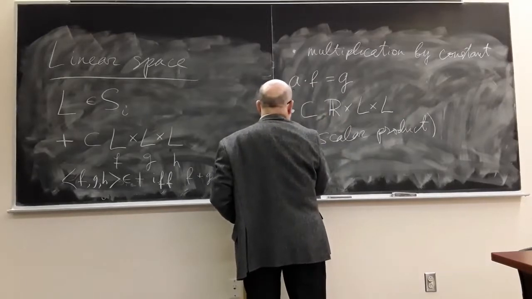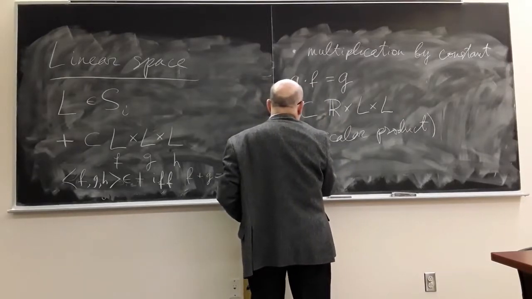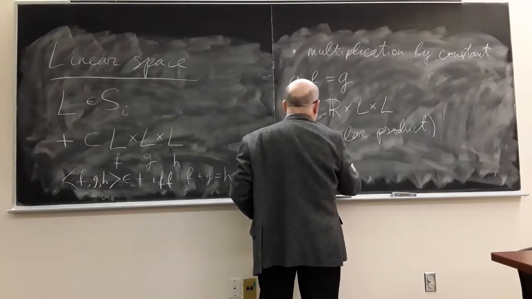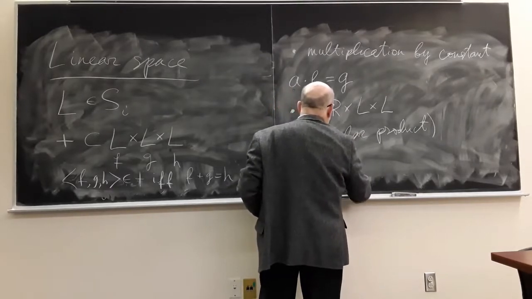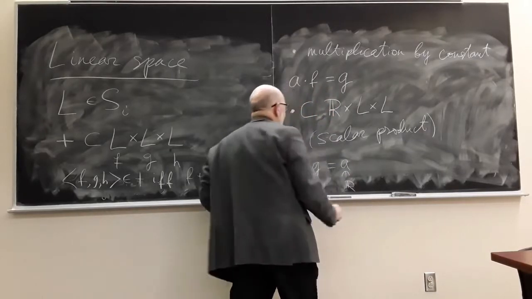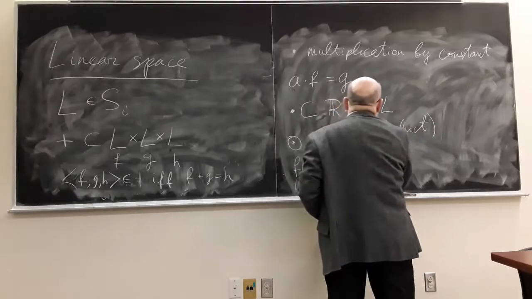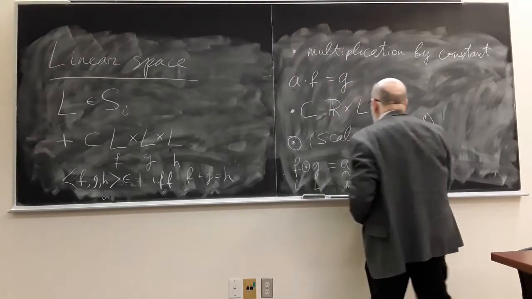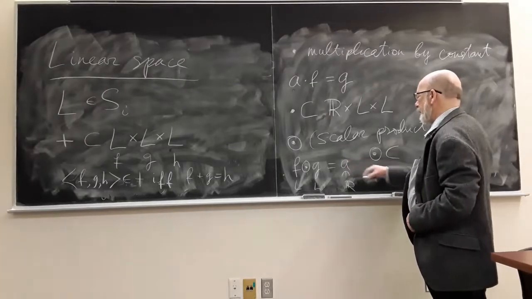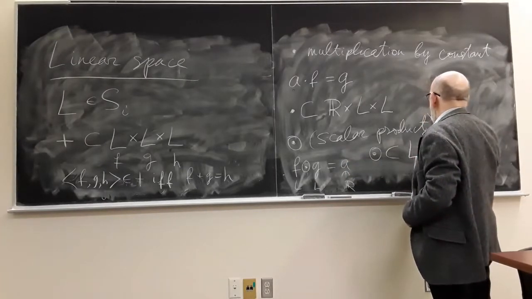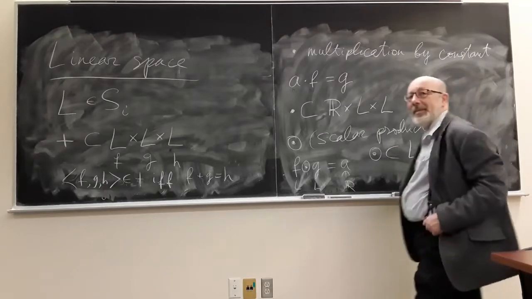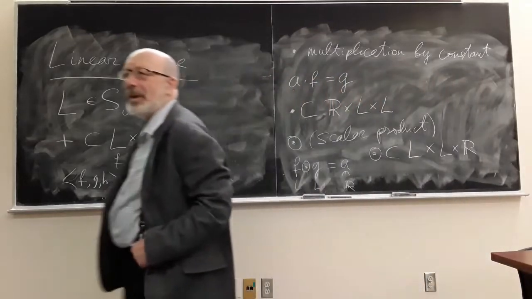So F scalar product with G equals say A. So it is in R, it is in L, it is in L. So this set is a subset of L times L times R.